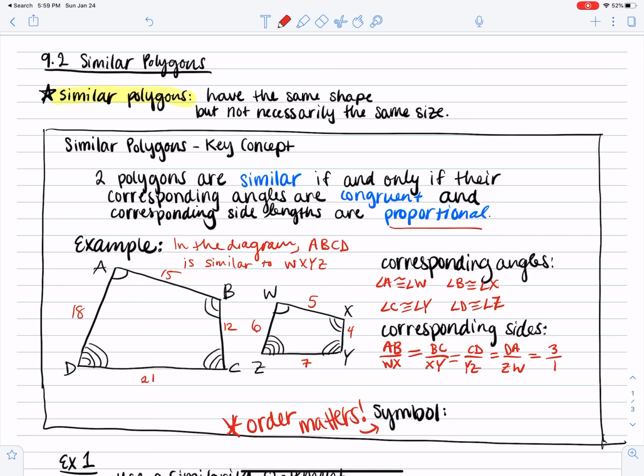And order matters here, so you need to match everything together. So A, B, C, D is similar, there's your symbol for similar, one squiggly line, similar to W, X, Y, Z. And order matters, which means A matches with W, B with X, C with Y, and D with Z. So make sure you understand that.